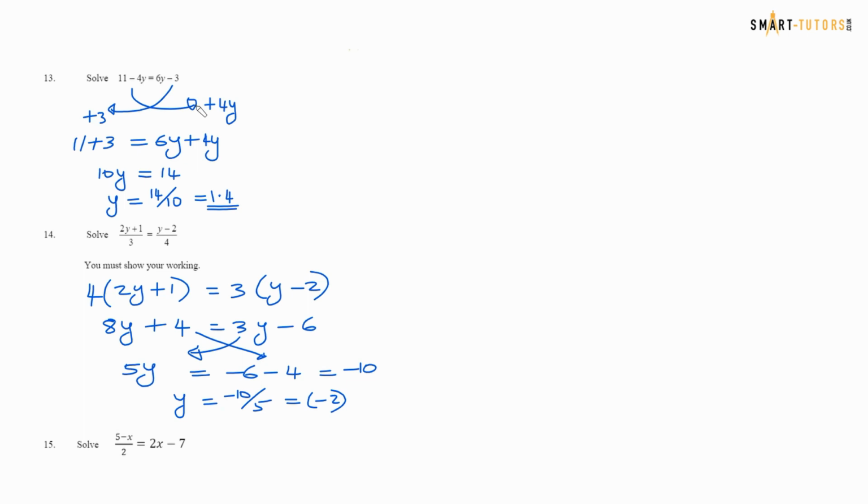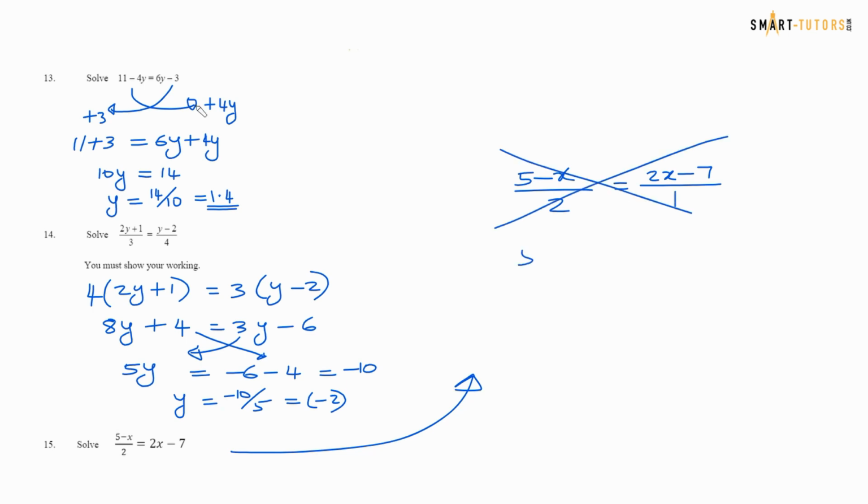Question number 15. So 5 minus x over 2 equals 2x minus 7. The way to do it is cross multiplication. So 5 minus x equals 2 times 2x minus 7. So expand the bracket: 4x minus 14 equals 5 minus x.